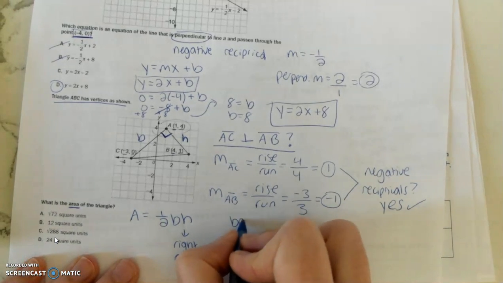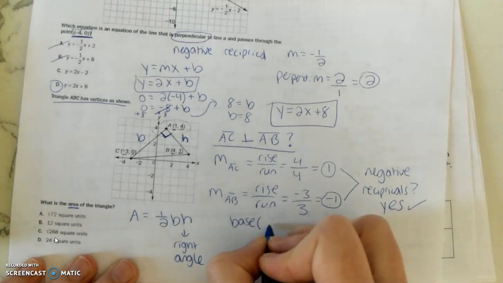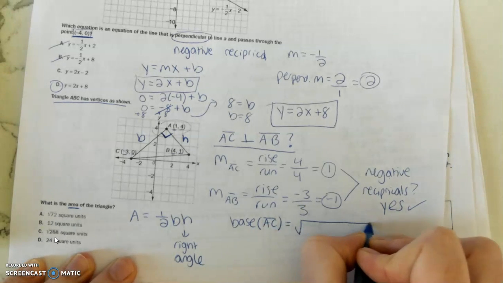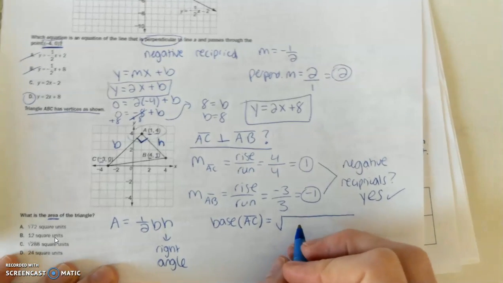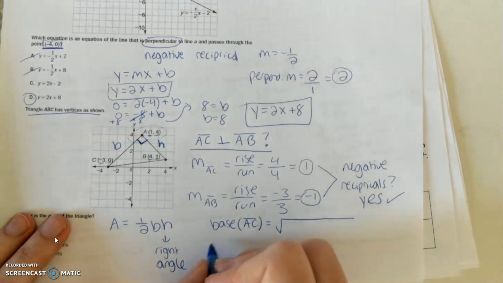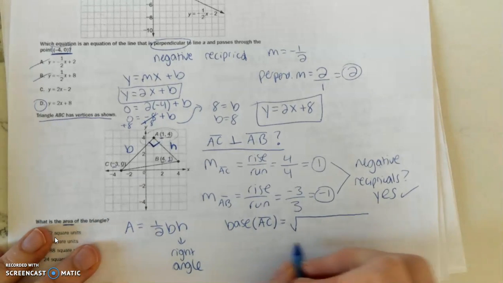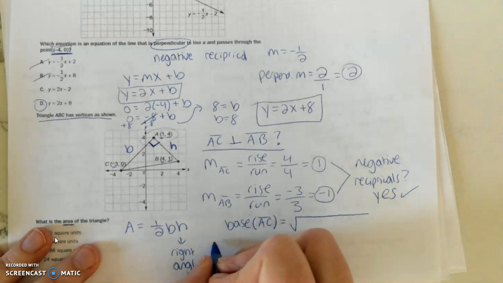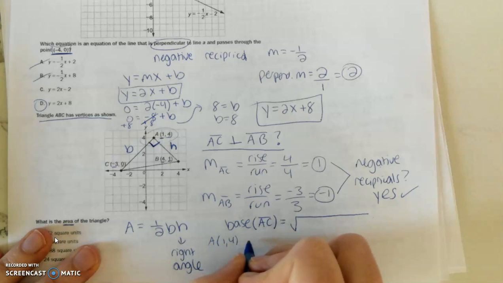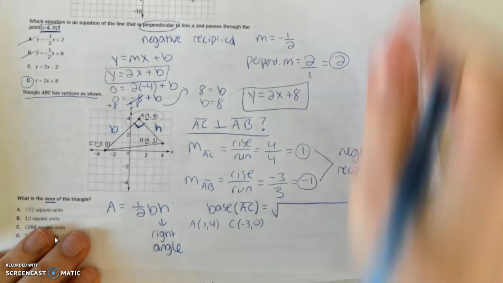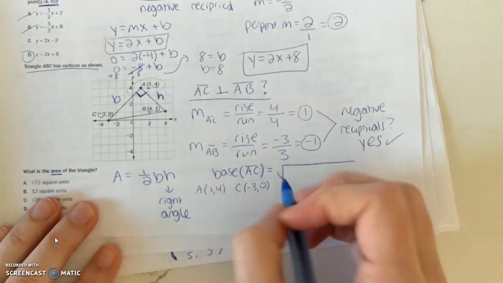So my base is going to be line AC. So let's use the distance formula to calculate that. All right. Running out of room here. Let's say point A and point C. I just grab those points from the graph, right?